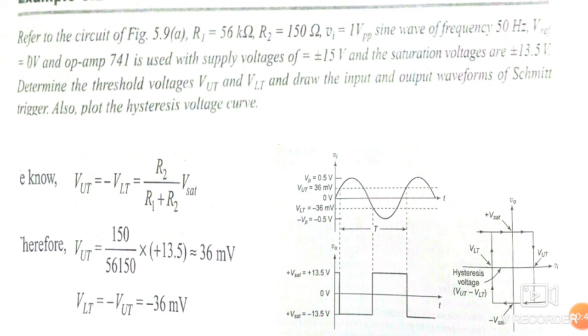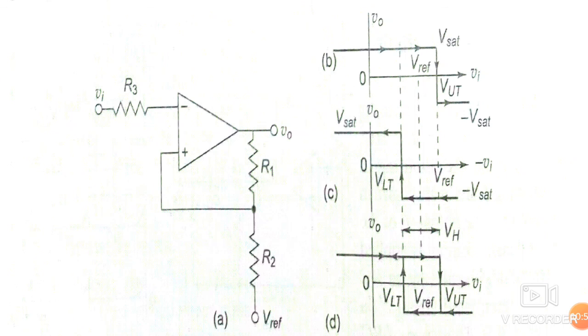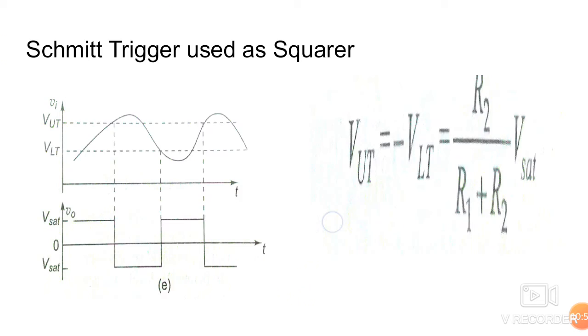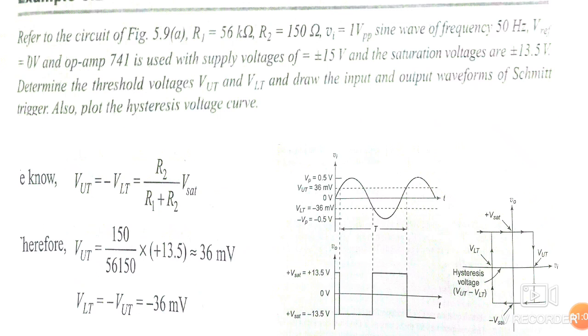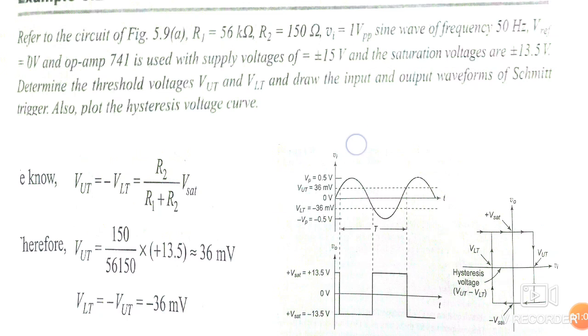So referring to figure 5.9, that is the starting figure, the values of R1 and R2 are given. The value of R1 is equal to 56 kilo ohm, and the value of R2 is 150 ohm. V input is a 1 volt peak to peak sine wave of frequency 50 Hz.